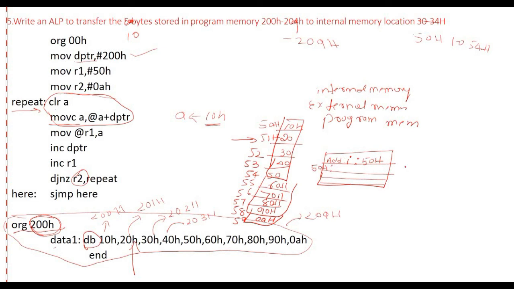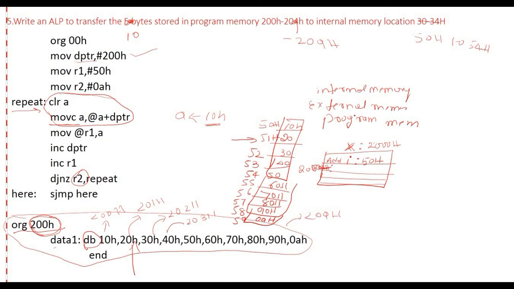Similarly, if you want to check the data in the external RAM, we have to type X, which is the external memory, and then the address. For example, in the earlier example you took 2000H, so you can write 2000 here, and instead of 50H it will show 2000H.